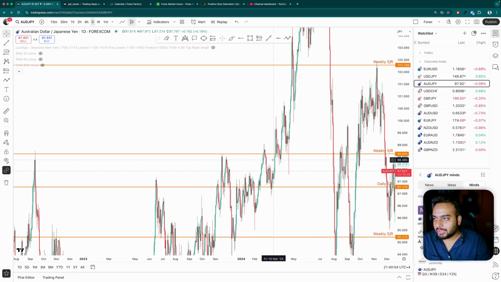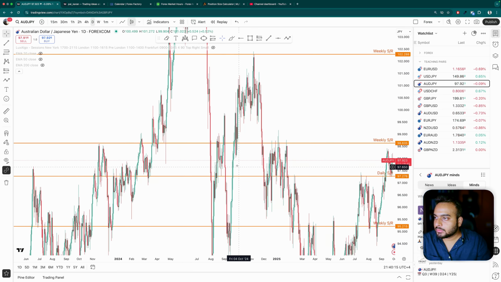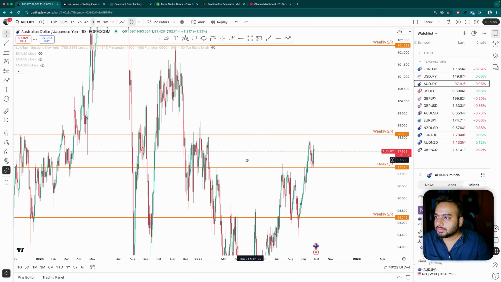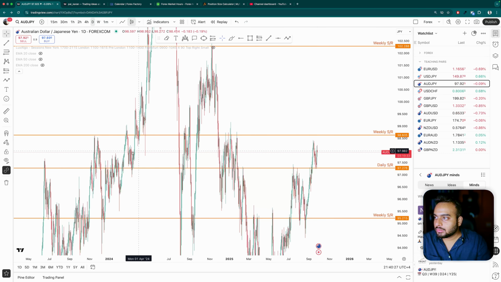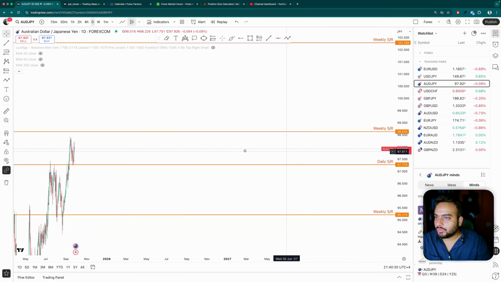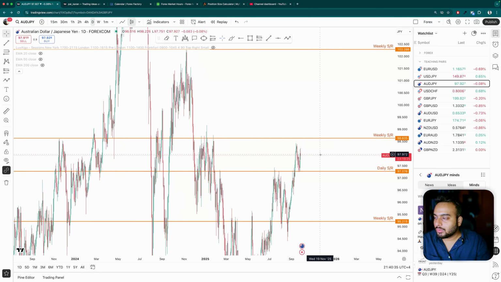The price came here, rejected this level, retesting this level, and then going up, right? And here as well, retesting this level, rejected, retested, going up. Price coming up. That's what we are looking at. Price never moved straight towards upside. So this is what we are looking for.